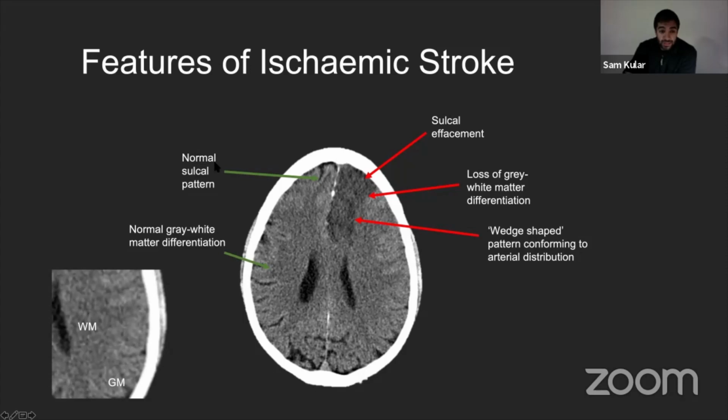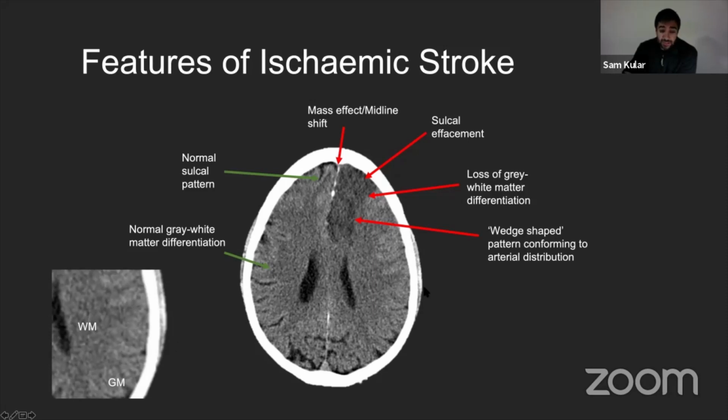Compared with the normal right side of the patient, where we have nice sulci, here the sulci are effaced due to the cortical swelling. We have loss of grey-white matter differentiation. I've zoomed in on a picture here where we can see the central white matter is a darker grey than the outer grey matter.